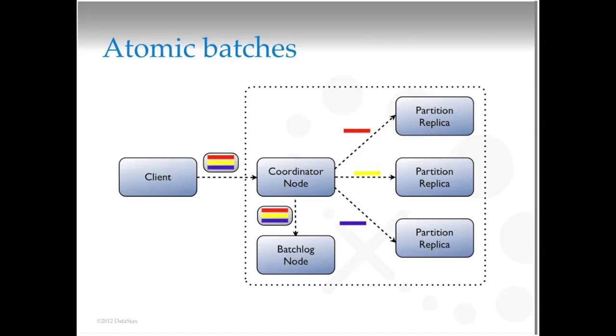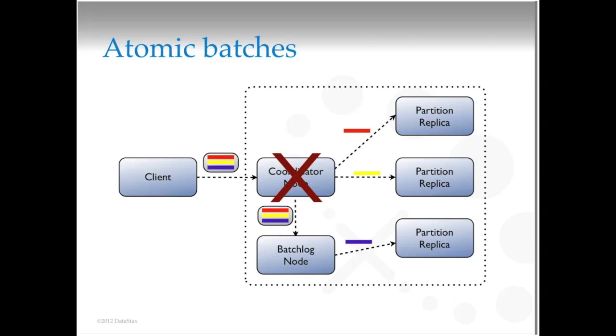So if in the atomic batch world the coordinator fails after sending out some of the rows, then the batch log replica will notice, and it will replay that batch on behalf of the failed coordinator. So the client doesn't need to get involved. All the client needs to know is that I gave you the batch. Now it's your job as the server to take care of it, and I don't have to worry about it anymore.